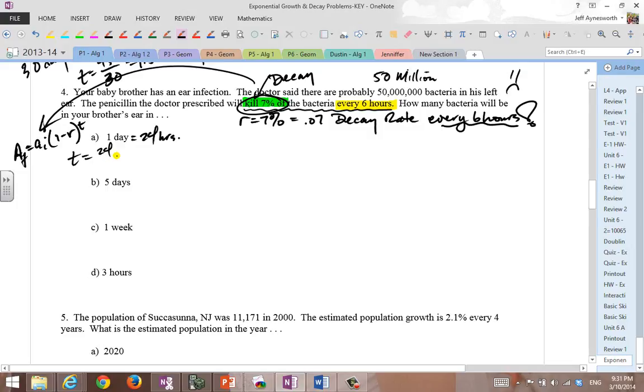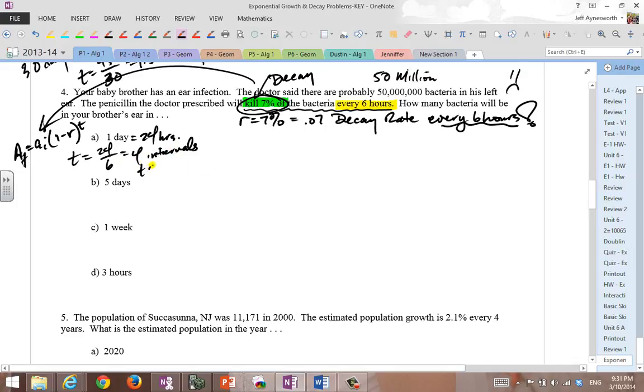So 6, 12, 18, then 24. If you use your fingers, 6, 12, 18, 24, there are 4 time periods because we know that 6 times 4 is 24, or you can just take the number of hours in a day, 24, divided by 6, and you get 4 time periods or intervals. That's T.